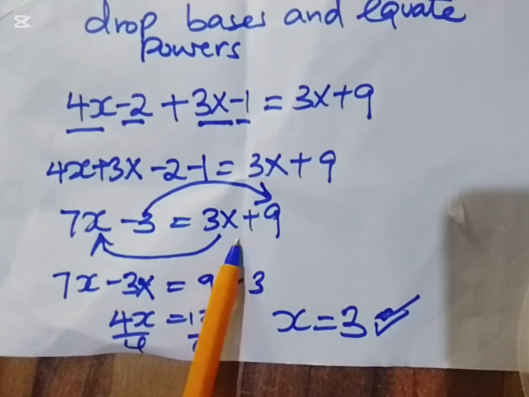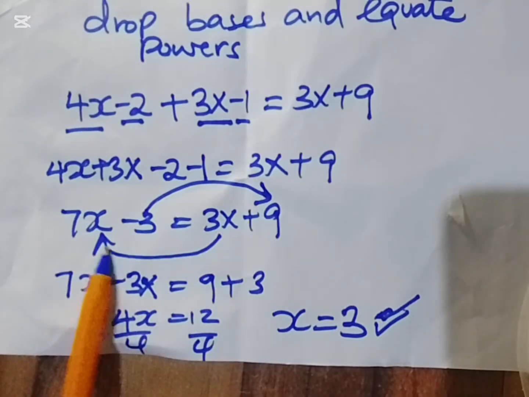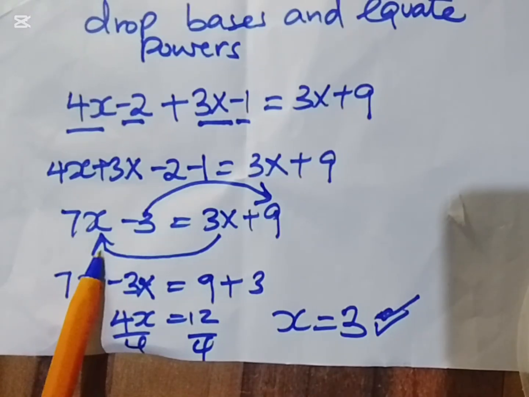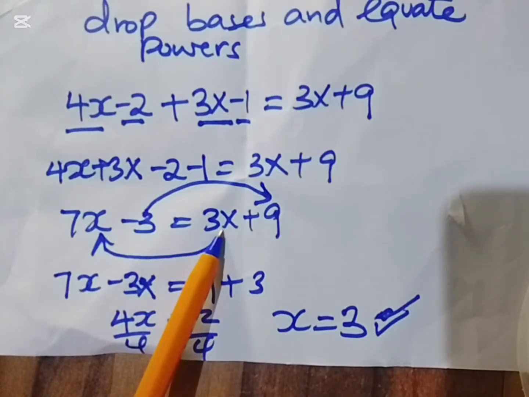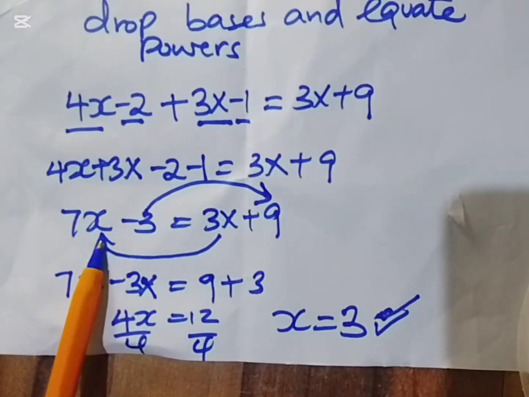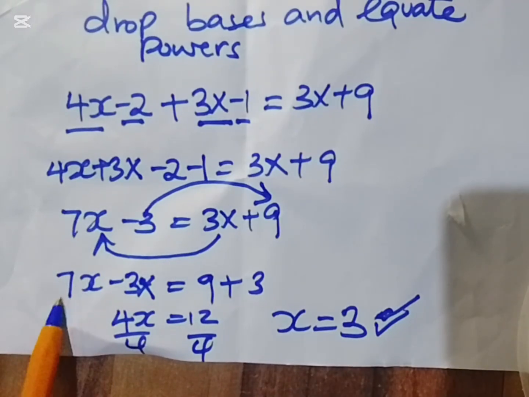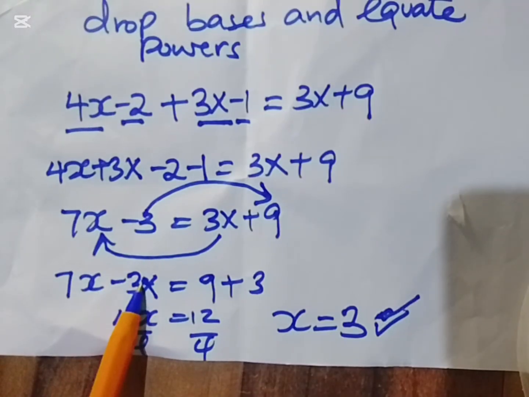So in this case, we want to put this 3x on the other side. It was positive, and when it crosses the equal sign, it becomes negative. So we'll have 7x minus 3x.